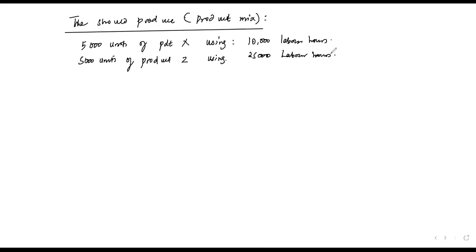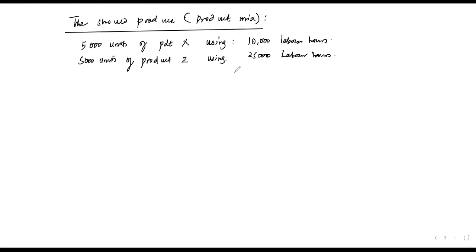So far, this is 10 plus 25, that is 35. But our labor hours are limited to only 50,000, so we have some extra 15,000 hours.